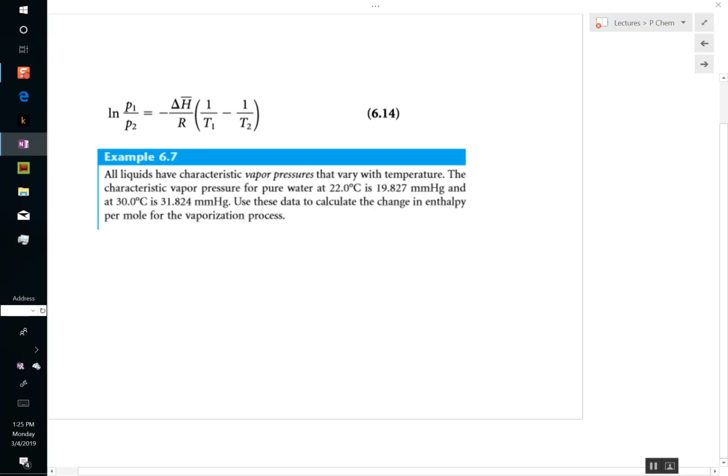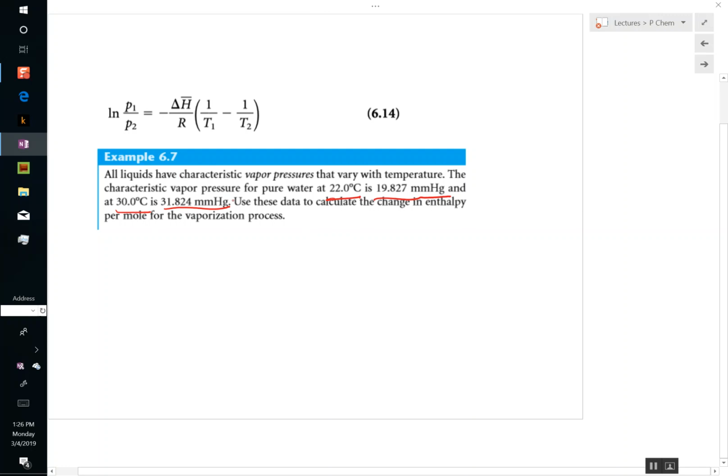All right, I promised you some time on chapter 5, so let's take a minute on this. All liquids have characteristic vapor pressures that vary with temperature. The characteristic vapor pressure for pure water at 22 centigrade is this, and at 30 degrees centigrade, the vapor pressure is this.